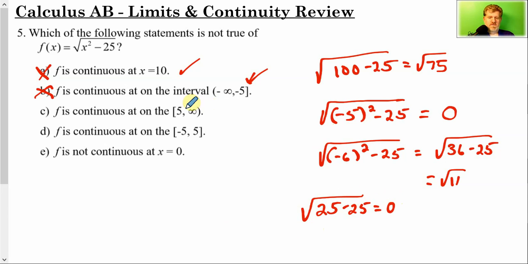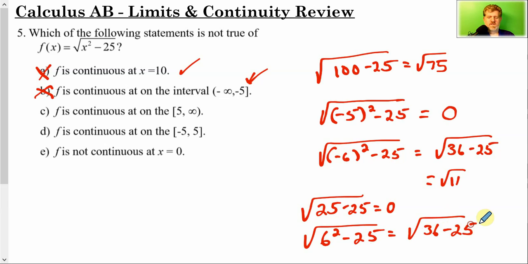So it definitely can equal 0. So that hard bracket is good. Now, any number greater than 5. So let's choose 6. And you notice it's going to be the same thing. 6 squared and negative 6 squared are the same thing. So you're going to get 36 minus 25, which is a perfectly fine number. That is true. So that can't be the right answer.